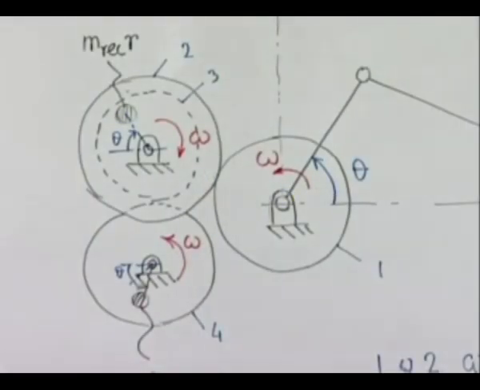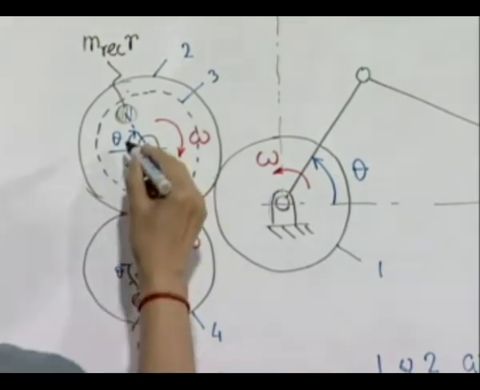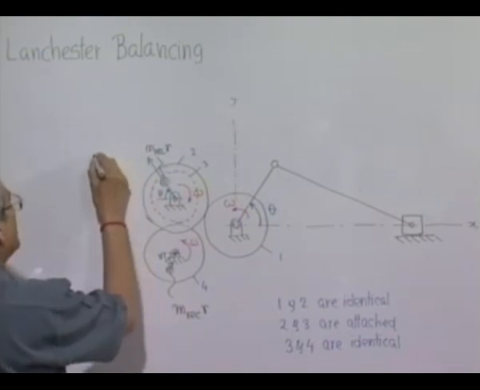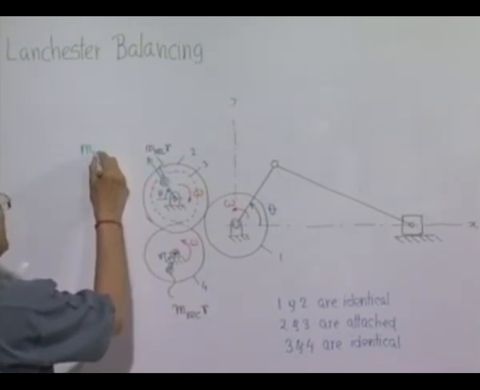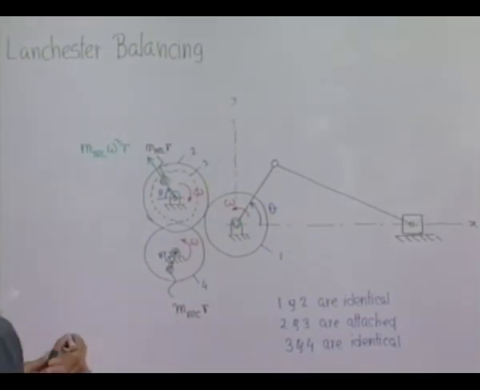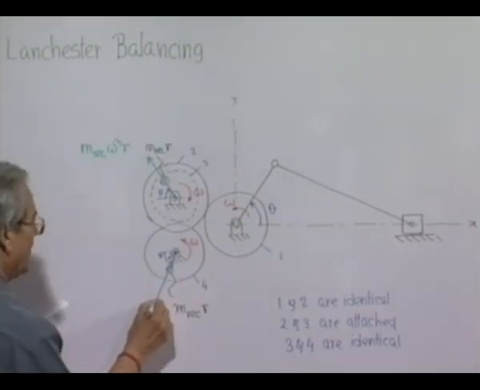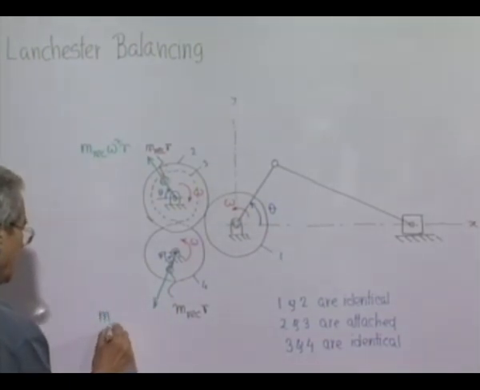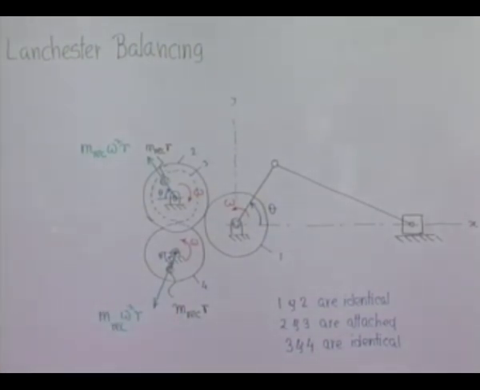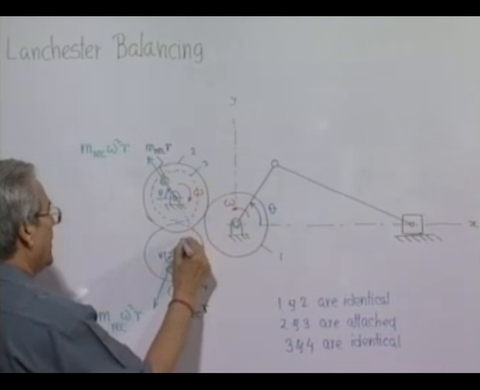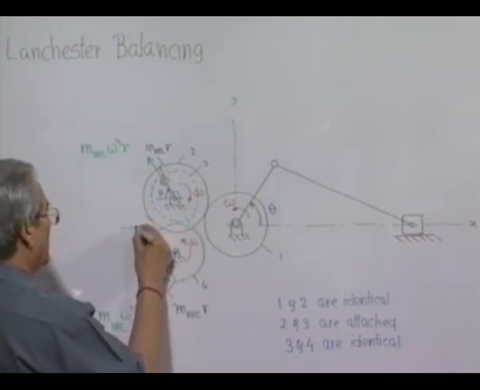So now what happens? This will produce a centrifugal force M reciprocating omega square r. This will also produce the same, and the resultant of these two forces will be what?